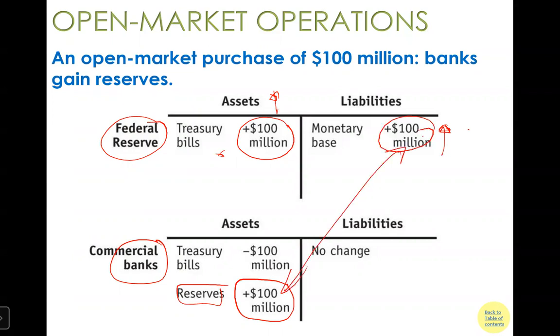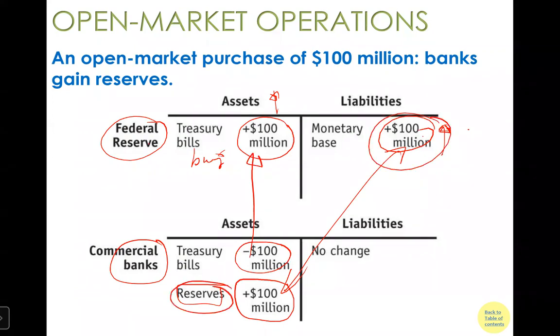Then the commercial bank gives away 100 million of treasury bills, so that goes to here. To summarize, the Fed buys treasury bills, which go here, using the money here. Essentially, this just increases the reserve of the commercial bank, or one way to understand it, increases the borrowing of the Fed from the commercial bank.